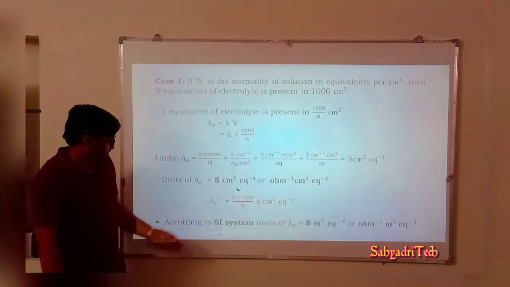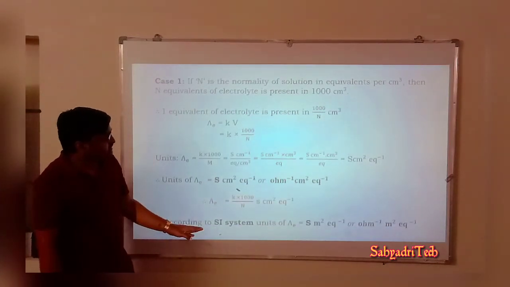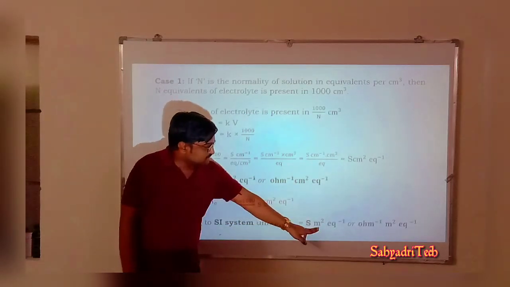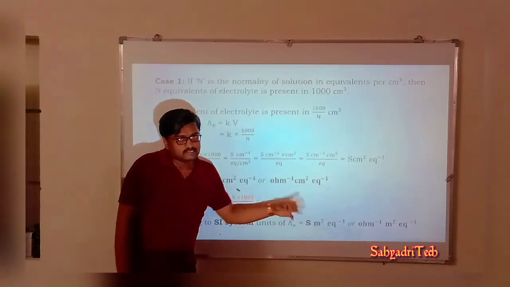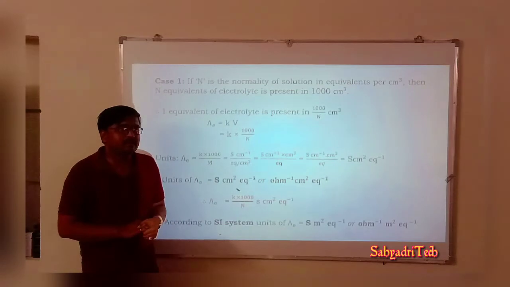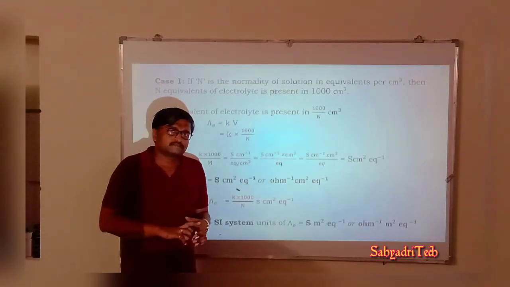And the SI unit is Siemens meter square per equivalent, as in molar conductivity it was Siemens meter square per mole.